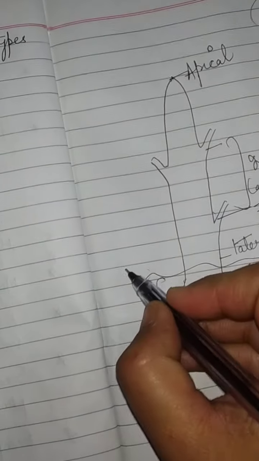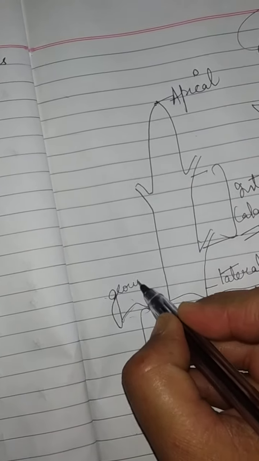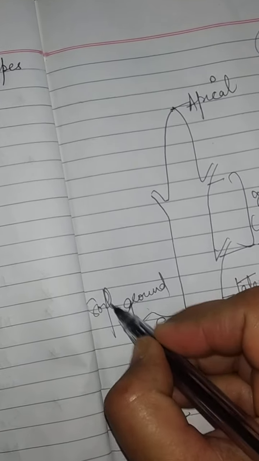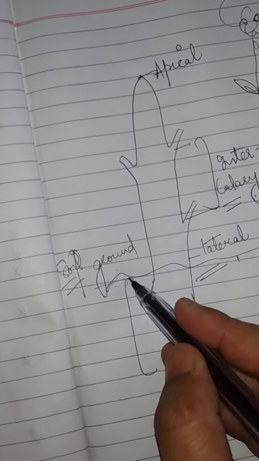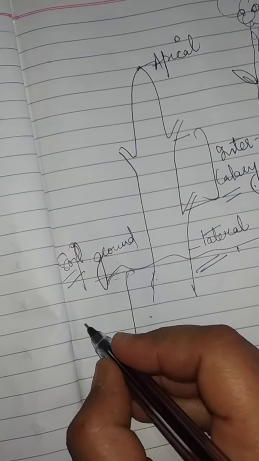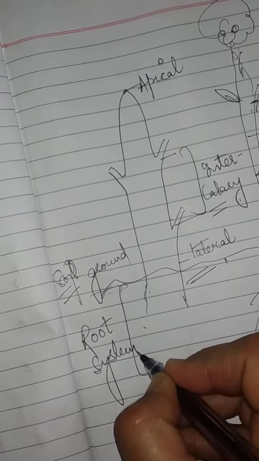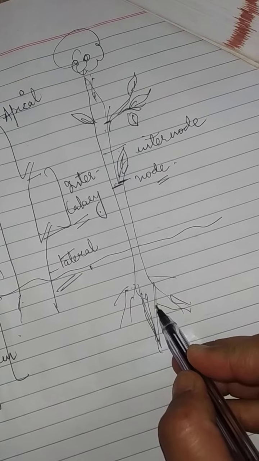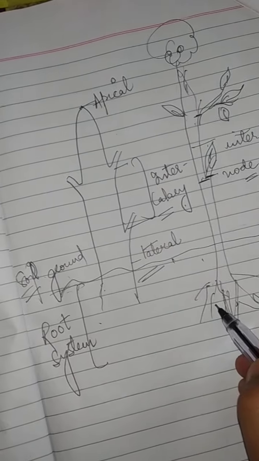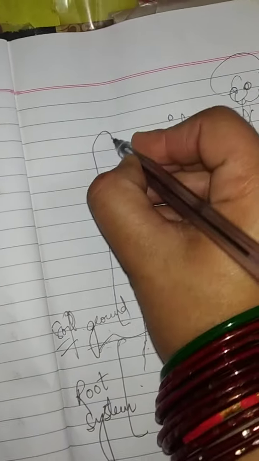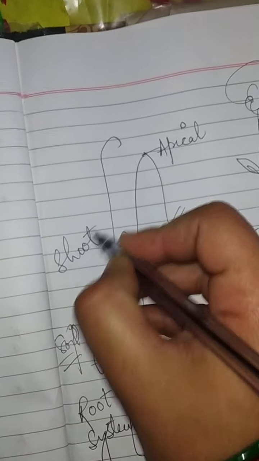Clear? So it is below the ground, or you can say soil, where we grow the plants. The portion under the ground is called the root system. Roots are under soil, so they are the root system. And this is above the ground, so this is the shoot system.